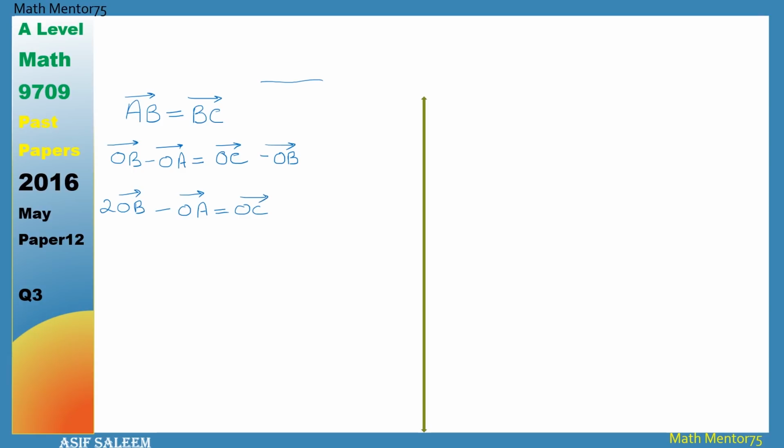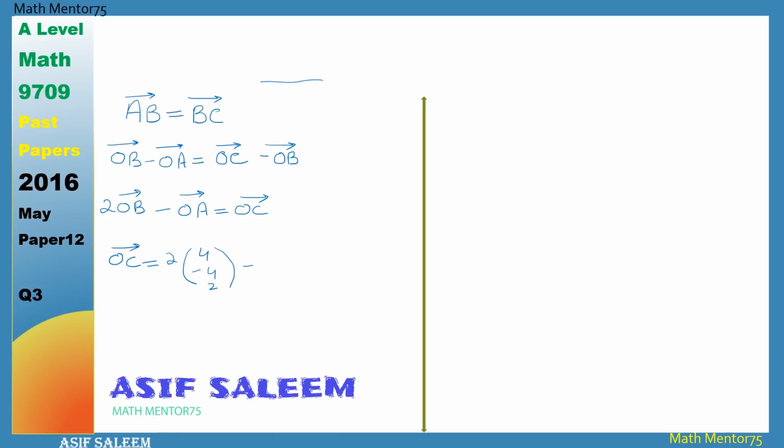Now let's substitute the values, making OC the subject, and substitute the values of OB and OA in terms of position vectors. 4, minus 4 and 2. We can solve in IJK form as well, but it is convenient to solve in position vectors. 2, minus 5 and minus 2.